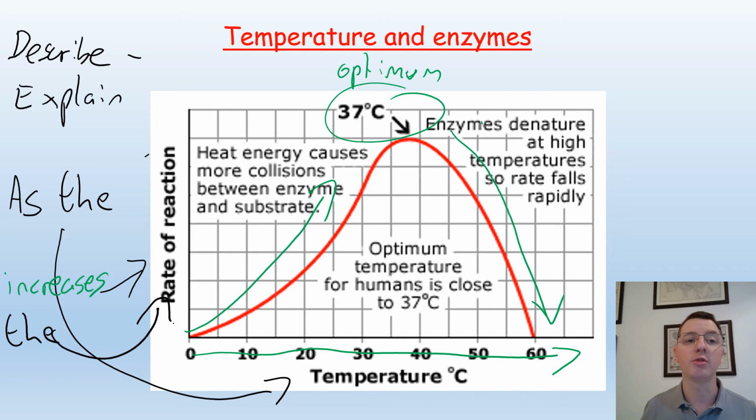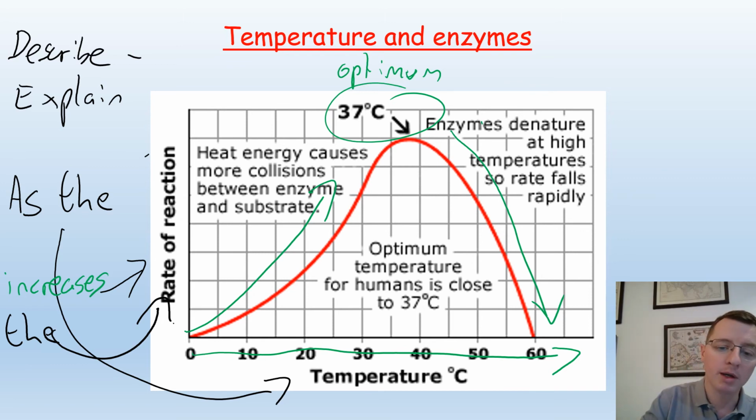And all we've done is describe. We haven't said why. But if your question asks you to describe, that's all it's asking for. As the temperature increases, the rate of reaction increases to an optimum temperature of 37 degrees. Then, as the temperature increases, the rate of reaction decreases.